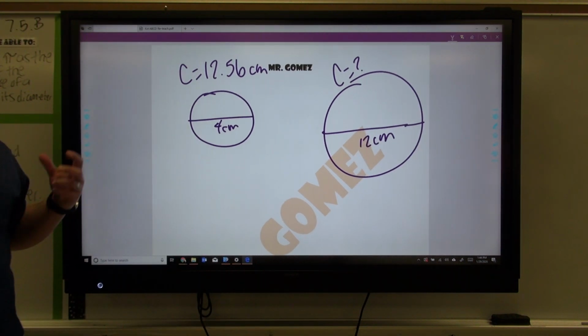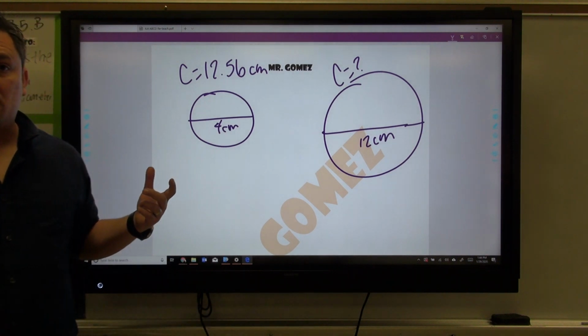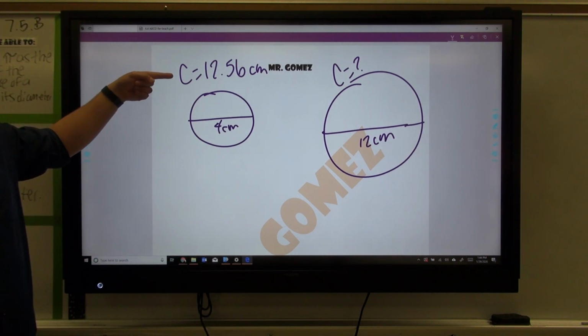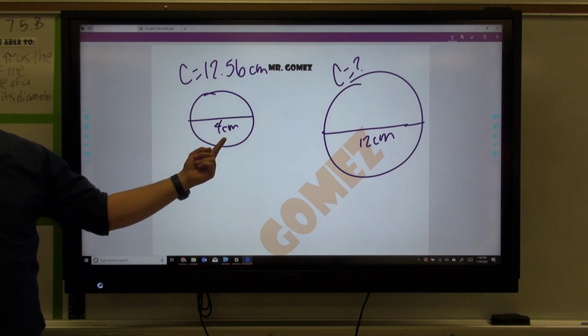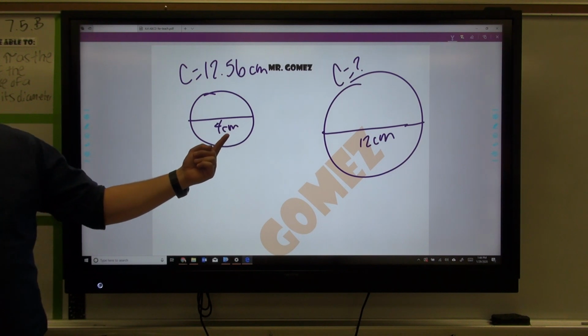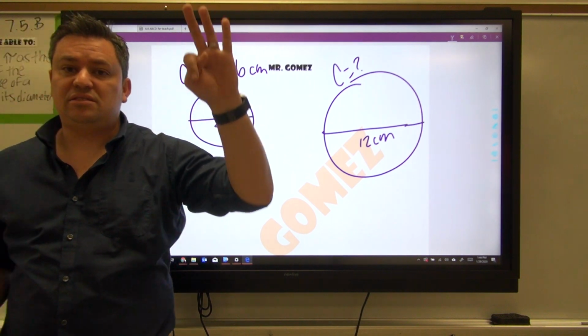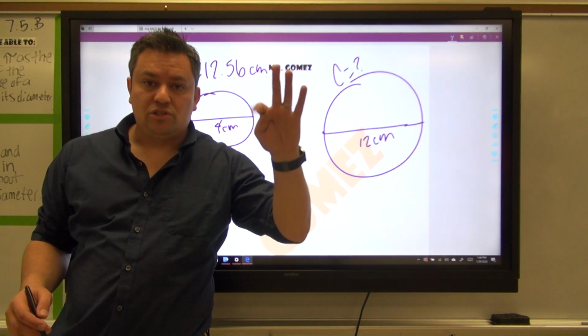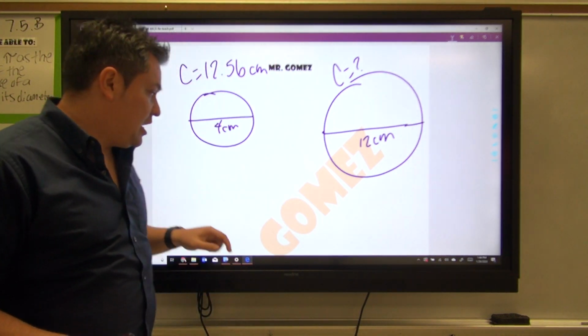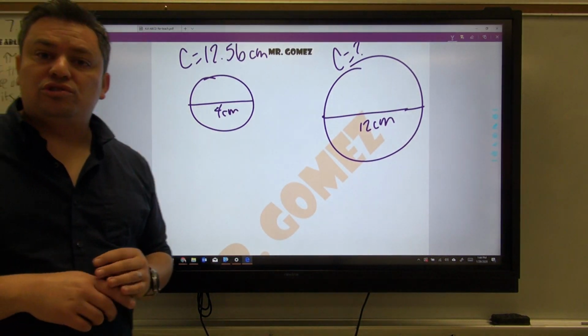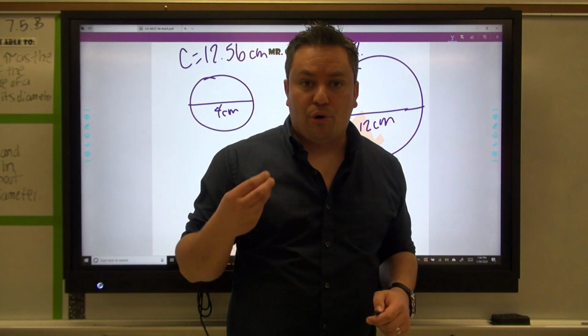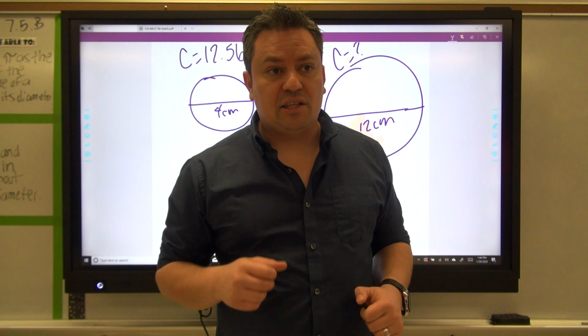So I know 2 things about them. Well, on one of them I know the circumference and the diameter. And the other one, I know the diameter, I'm missing the circumference. So I have 3 things, and I need 4. So with 3 things, I can find the other one. We're gonna use proportions to find this and not the circumference formula.